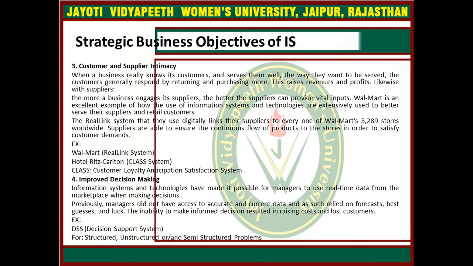Now the third one is customer and supplier intimacy. This is a very important objective. When a business really knows its customers and serves them well, the way they want to be served, the customers generally respond by returning and purchasing more.